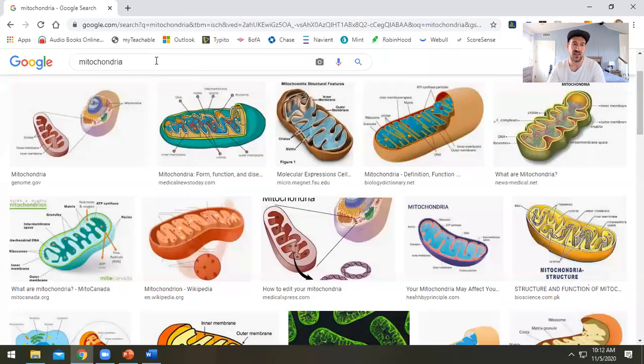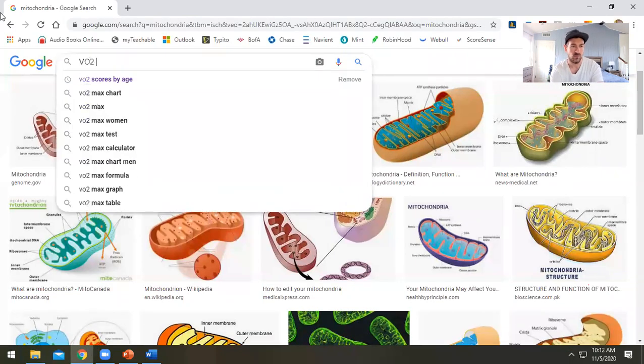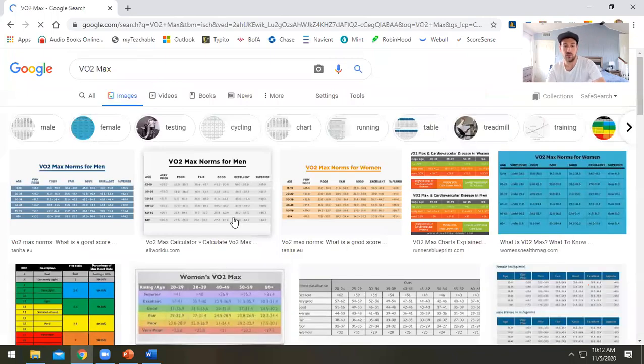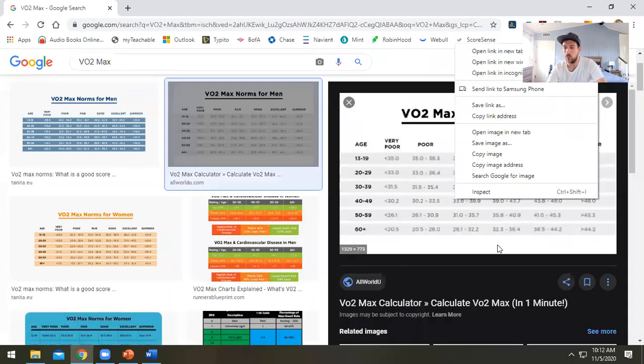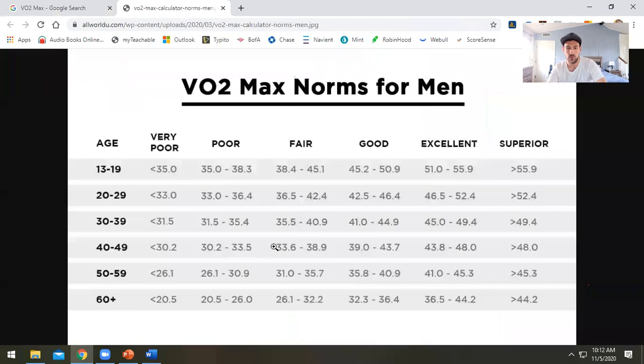If you look at VO2 max scores, what we want to see, this is for men, let's say somebody's between 20 and 29, is that they consume somewhere between 42.5 and 46.4 milliliters of oxygen per minute on average.